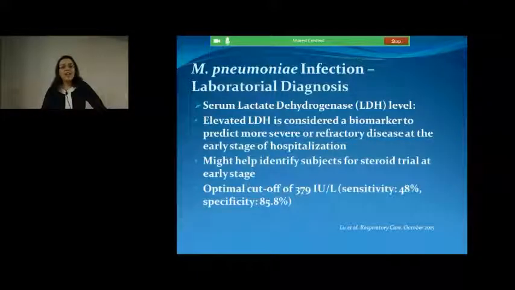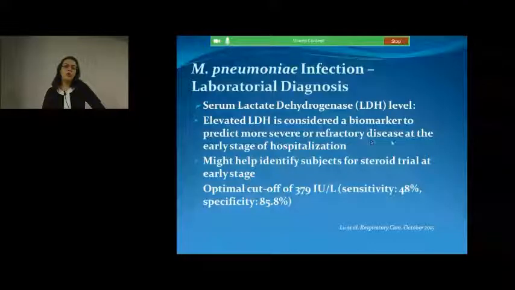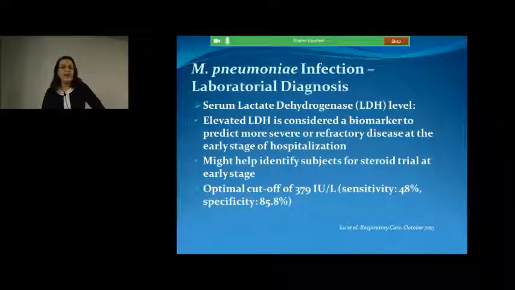LDH has been considered a biomarker to predict more severe or refractory disease at the early stage of hospitalization, in cases of severe infection that require hospital admission, and it might also help to identify subjects for steroid trials at early stages.